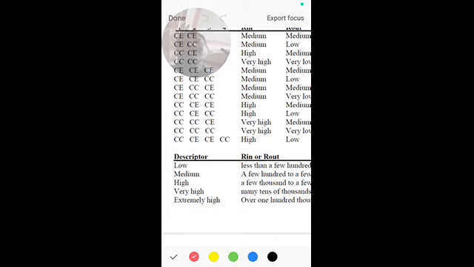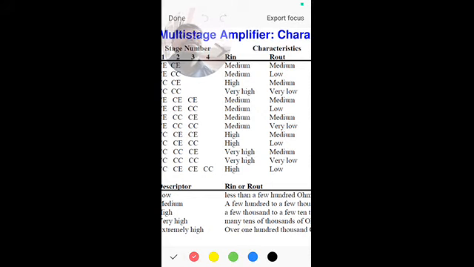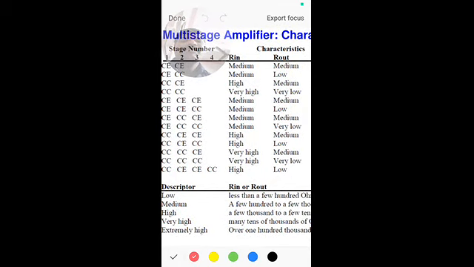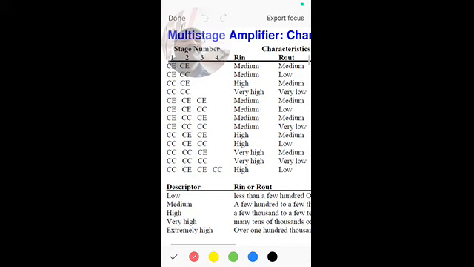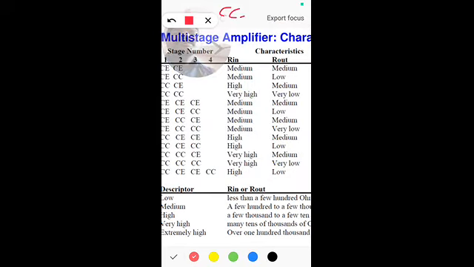And the next configuration. First is CC, and later we have two stages, CE and CE.